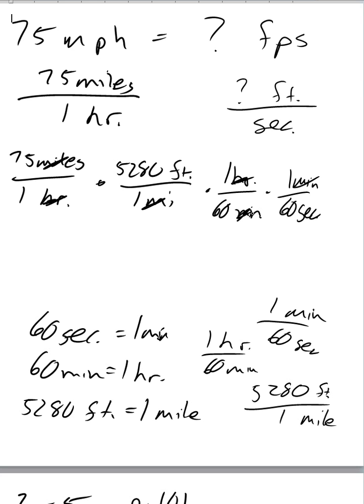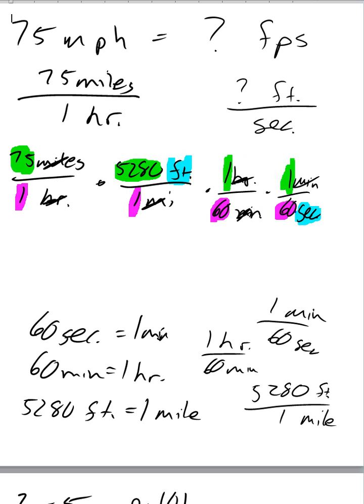So I am left with my answer in feet per second. That's kind of cool. And then what I have to multiply is 75 times 5,280 times 1 times 1. And in the denominator, I need to take 1 times 60 times 60. That was just fun using the colors.